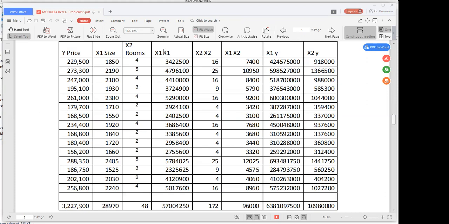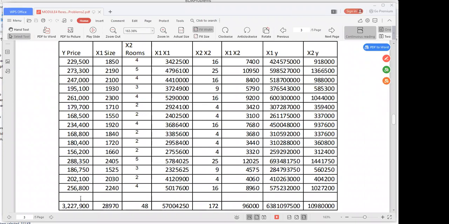So we are calculating x1 into x1, x2 into x2, x1 into x2, x1 into y and x2 into y. I have done all this in the Excel sheet, because the values are large and it may take a lot of time to calculate.